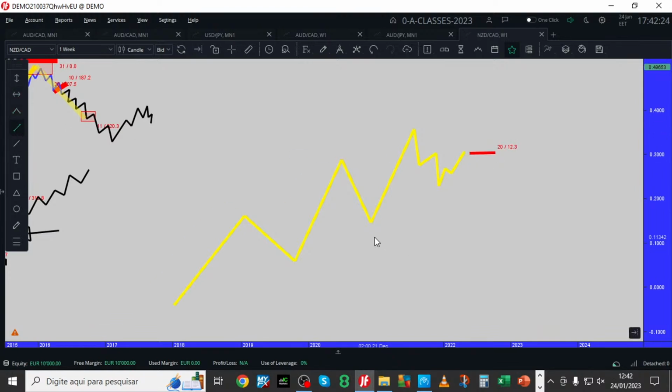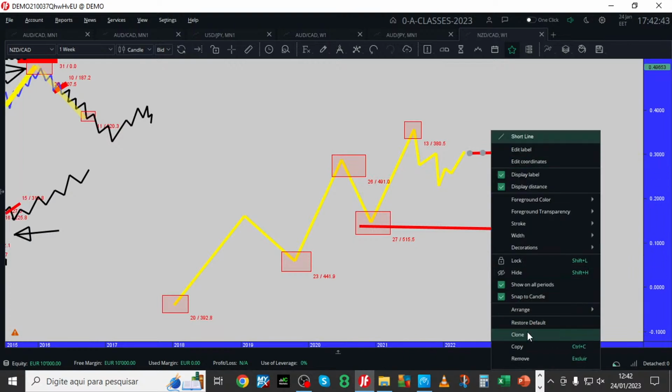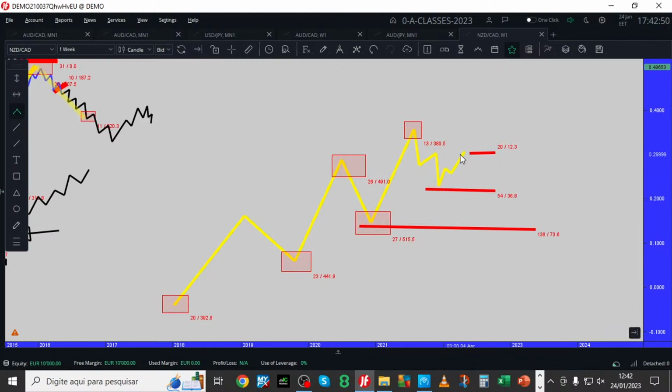Stop loss must be down in here. Because this is the short-term trend low, this is the short-term trend low, and this is the short-term trend low. And this is the short-term trend high, and this is the short-term trend high. So if you put the stop loss at the wrong place, everybody, the market can stop you out easily and then reverse and go back up.